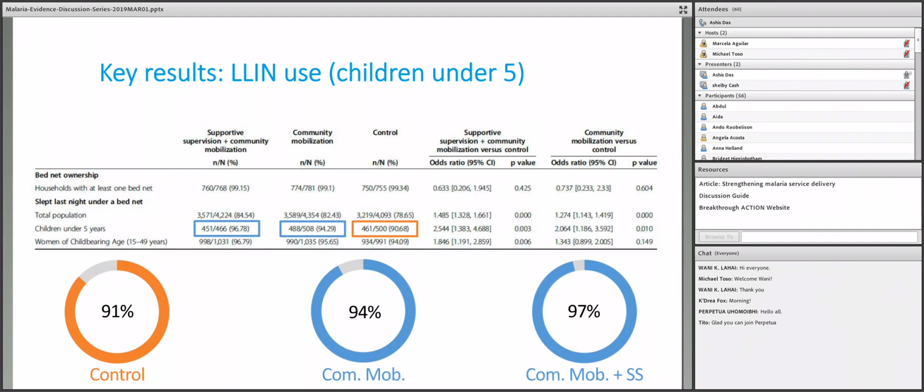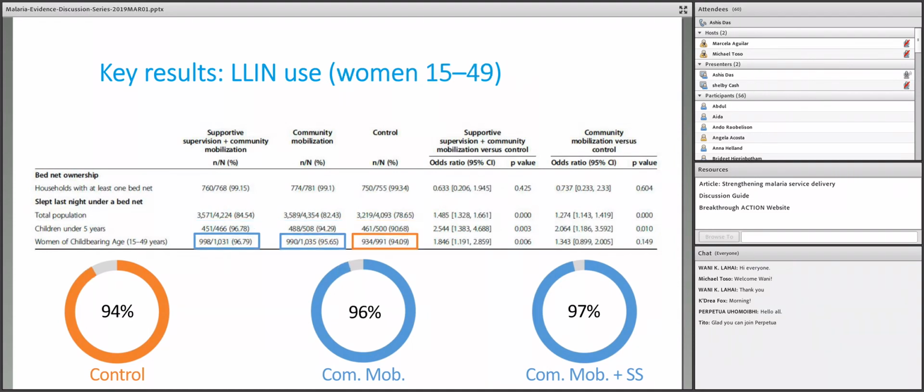When we come to children under 5, we see for control it is 91%, for community mobilization 94%, whereas the combined intervention had 97%, pretty close to universal coverage for children under 5. And the differences were statistically significant.